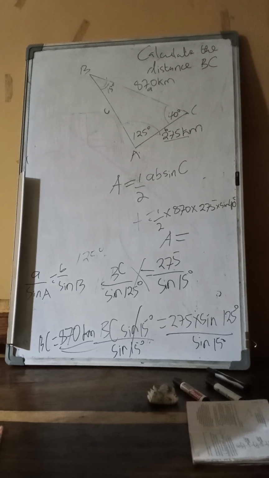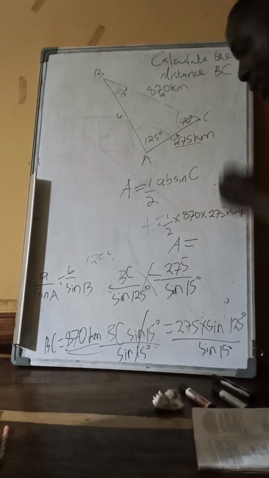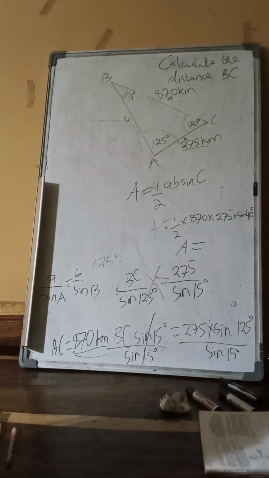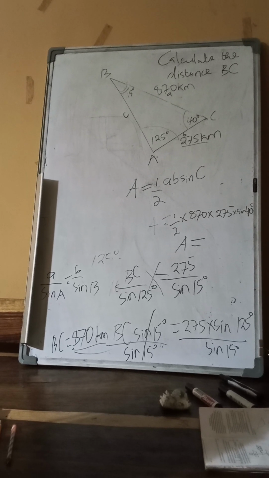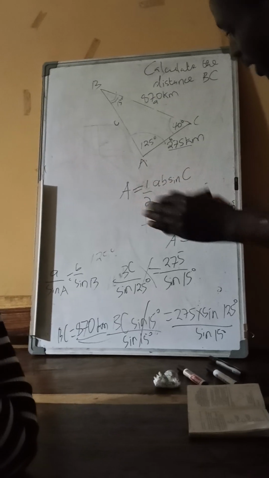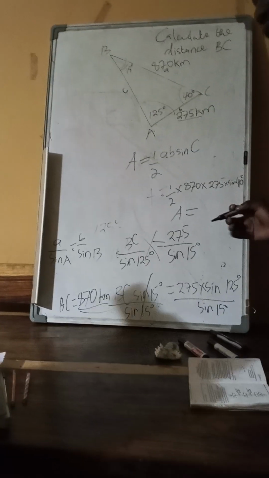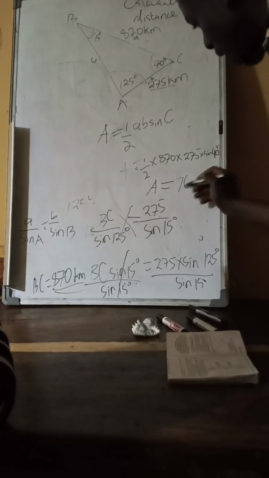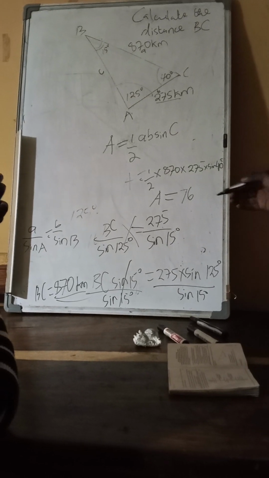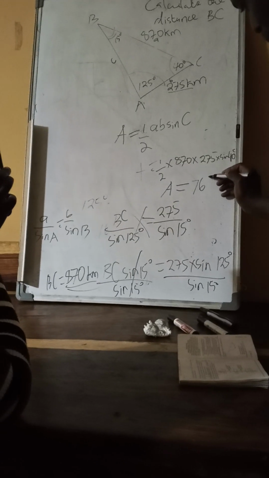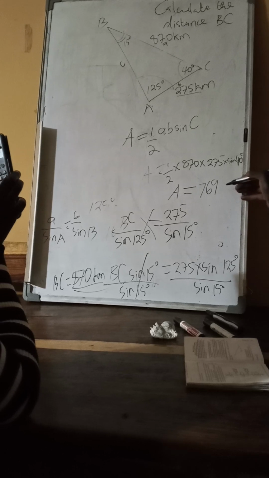So I divide by 2, 1 over this. What is the answer? 76, after 76 is 9. Then how many numbers are there after that?